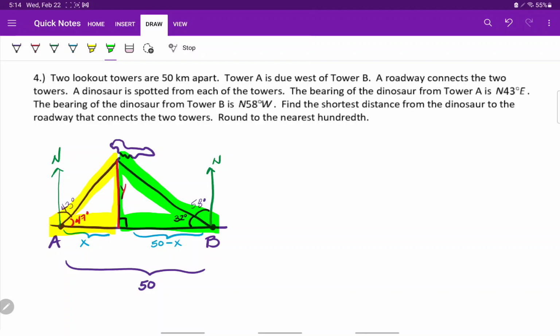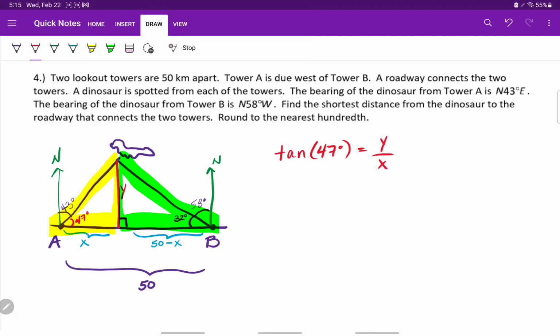I'll do the yellow one first. So from our angle 47, y is opposite and our bottom side is adjacent. So that's going to be tangent. We'll have tangent of 47 degrees is equal to y over x.